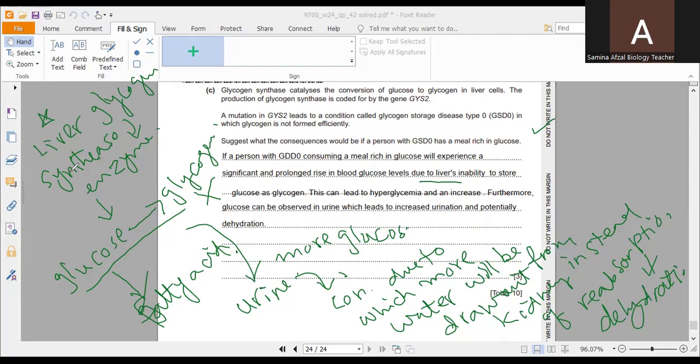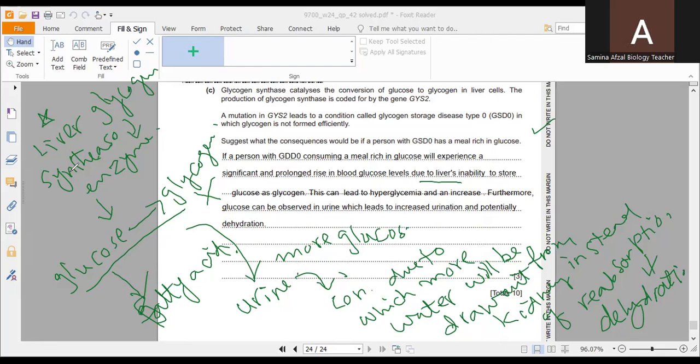The more water is excreted, the body will experience significant and prolonged problems. So this can lead to hyperglycemia and an increased reliance on alternative and potentially less efficient pathways for glucose disposal.